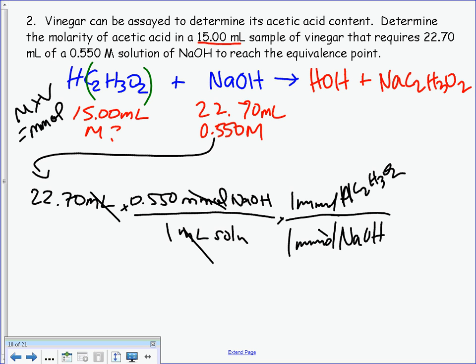Millimoles of sodium hydroxide cancel with millimoles of sodium hydroxide, leaving millimoles of acetic acid. Now, earlier, what did we do right here? And then we got moles, right? So if I stopped here, what unit would I achieve? Say again? Millimoles, right? And then what would I divide by?